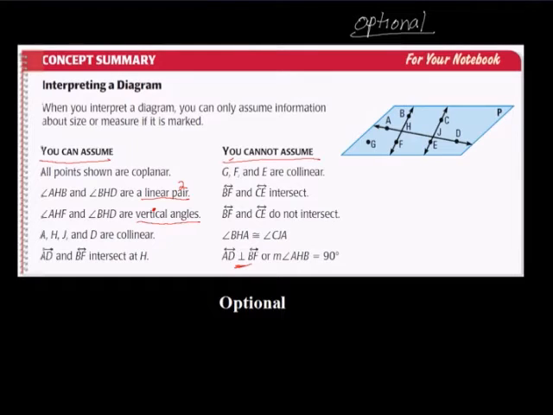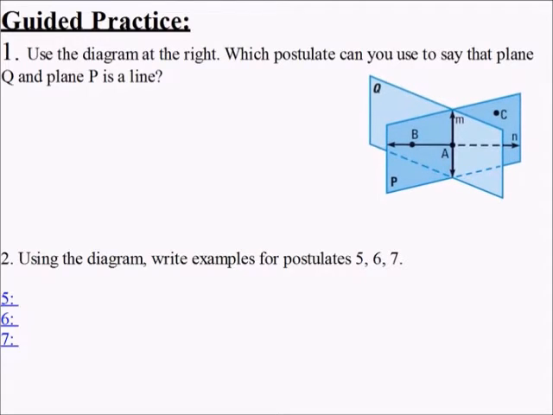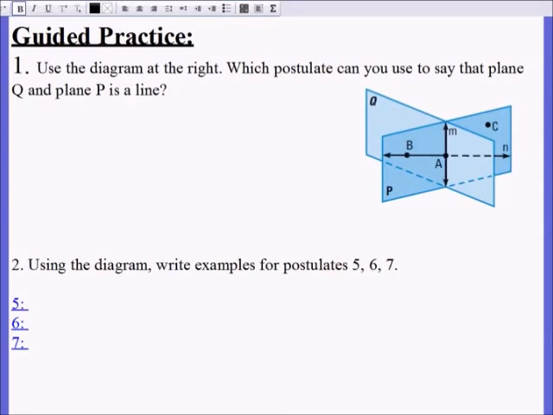Next slide. Let's go into the guided practice. Number one, use the diagram at the right. Here's your diagram. What postulate can you say that plane Q and plane P intersect in a line? I'm going to give you a little bit of time to flip back through your postulates. Actually, I'm not going to do that.